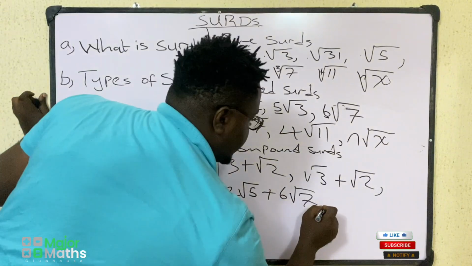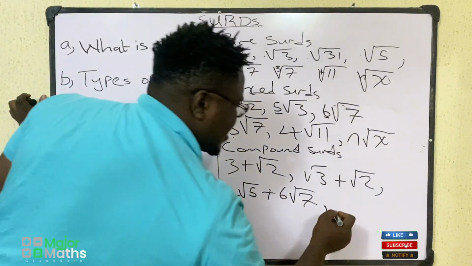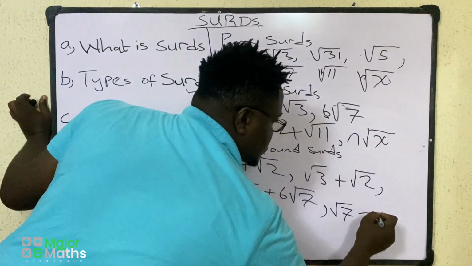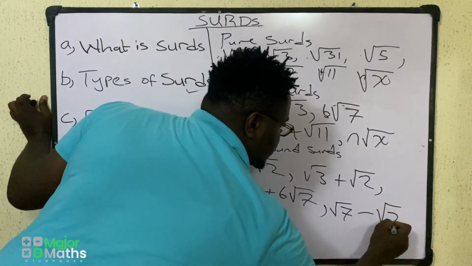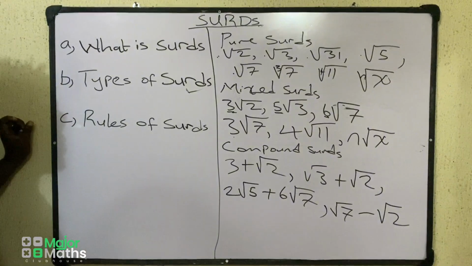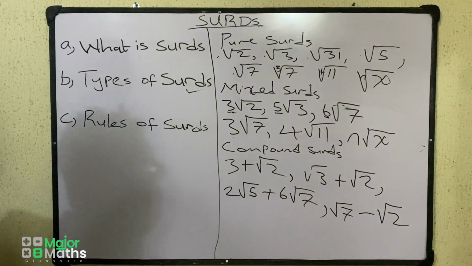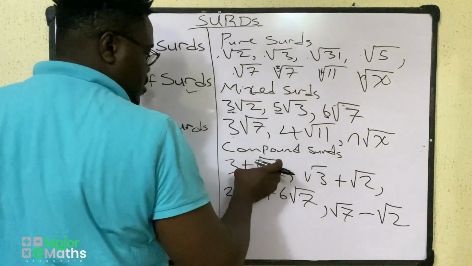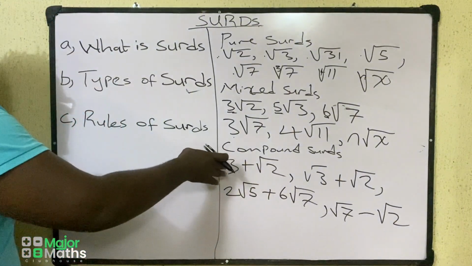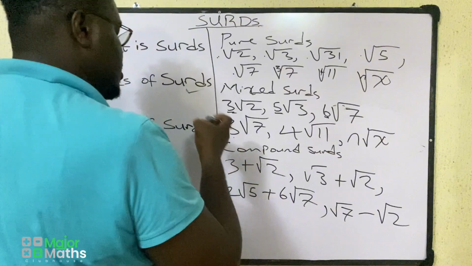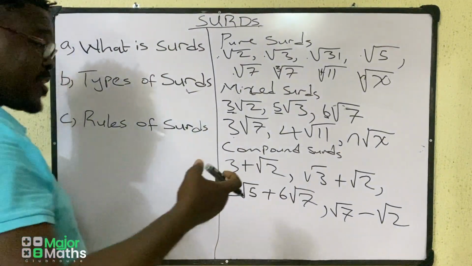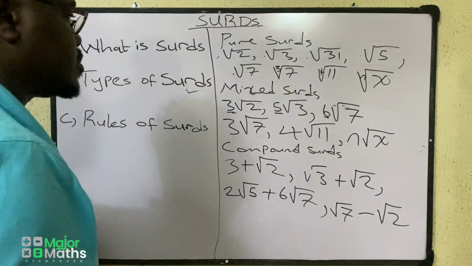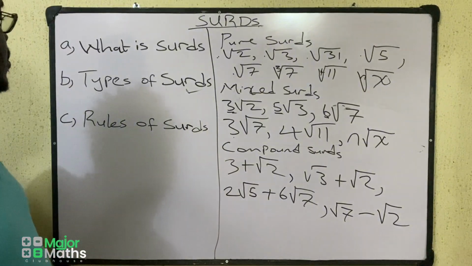And you can also say root 7 minus root 2. All these are compound surds. So they are just basically roots that have a plus sign or minus sign, with either an accompanying root or a whole number, depending. So that's that for surds.